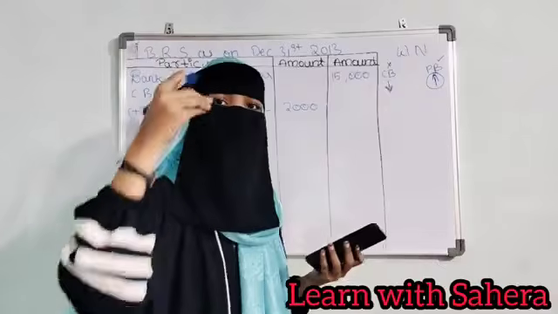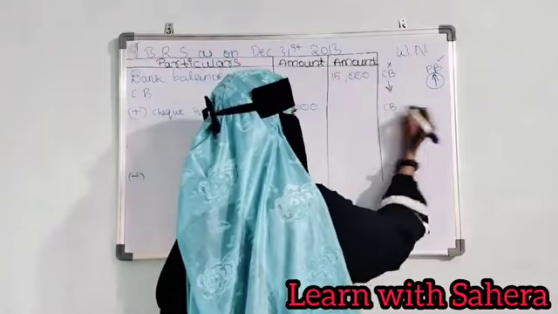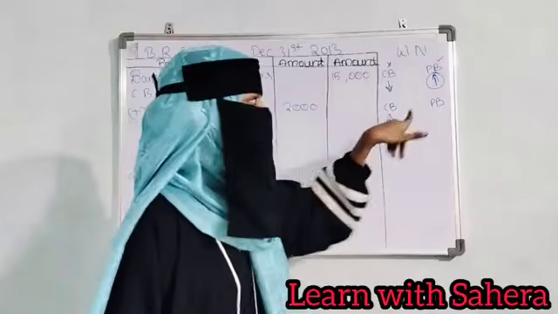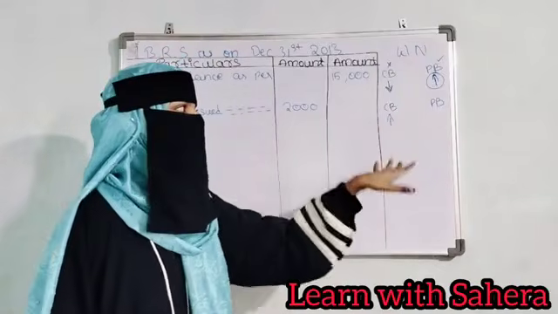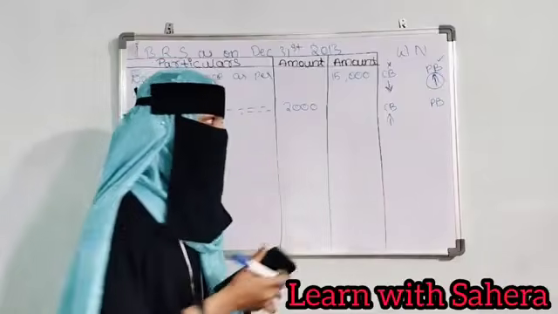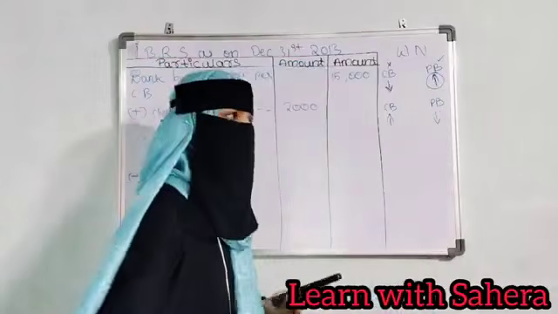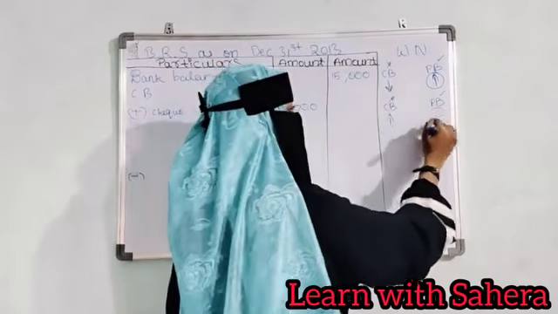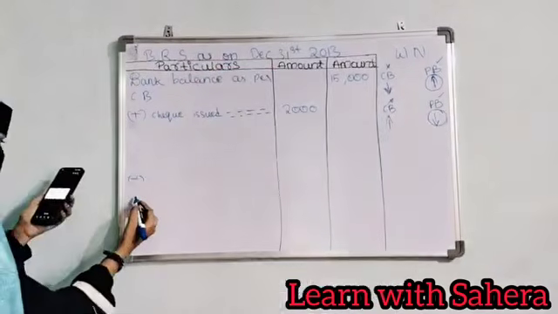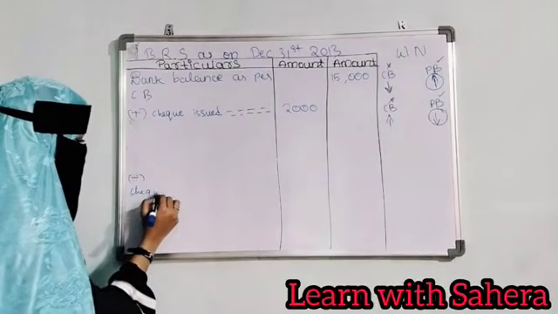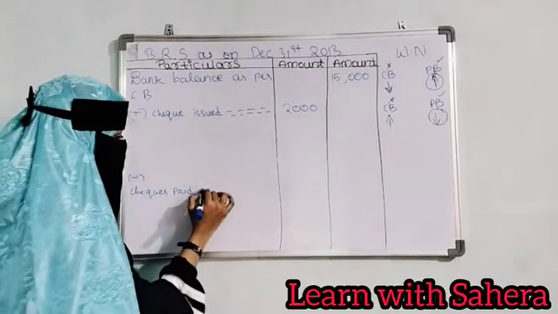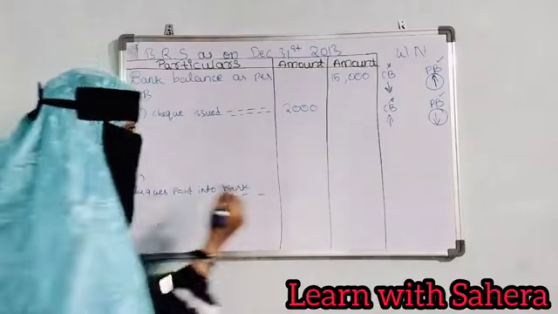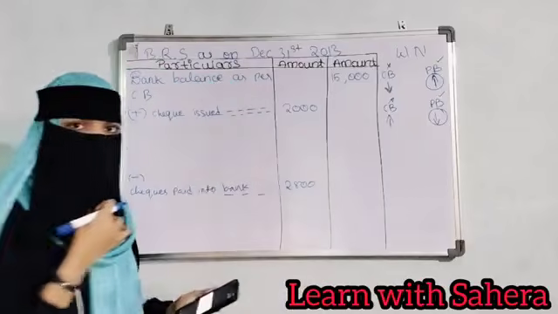In the cash book we made the entry that the balance increased because we deposited the amount, but in the passbook there is no entry, so the passbook balance is lower. We consider the passbook, where the amount is decreasing, so we write it under minus. Write the whole description, checks paid into bank but not cleared. The amount is 2,800.